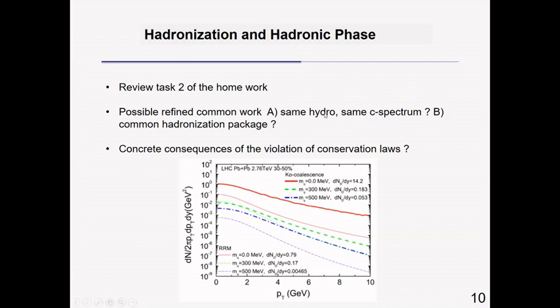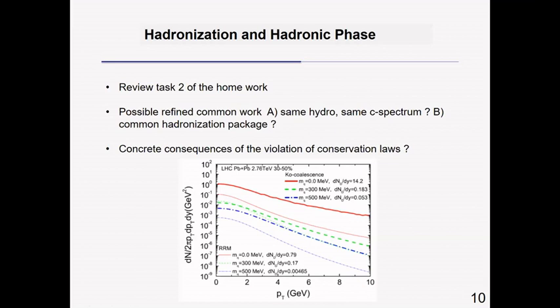This might be a bit ambitious, and maybe even more ambitious, but this would be attacking the problem from the other side, to be able to resort to a common hadronization package and see the effect it has on the various models. Or maybe there are other ideas for the things that we could do in common.